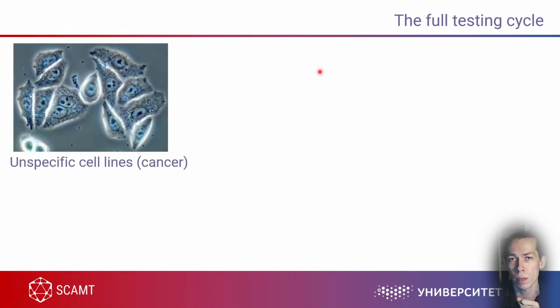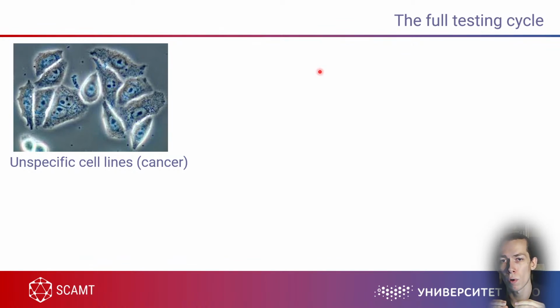And for this purpose, you can use some unspecific cell lines, even cancer cell lines, because they still possess a lot of similarities with our normal cells. And for general testing, it's okay to use some unspecific cell lines.